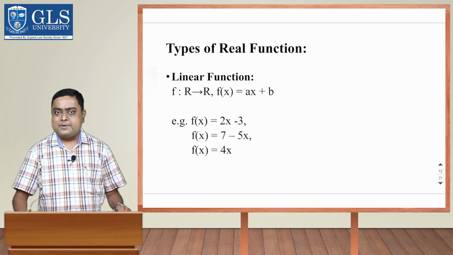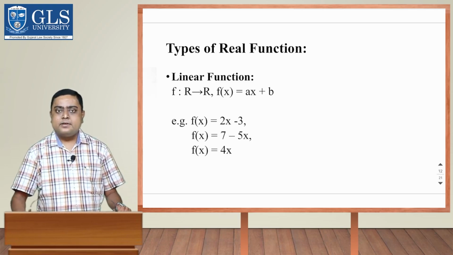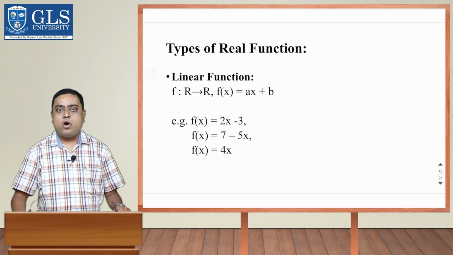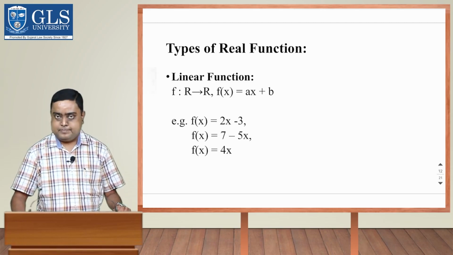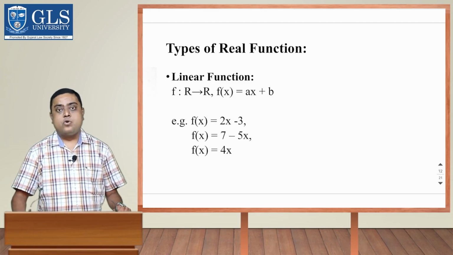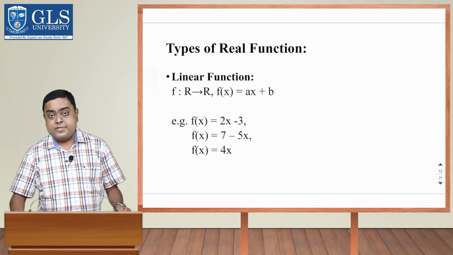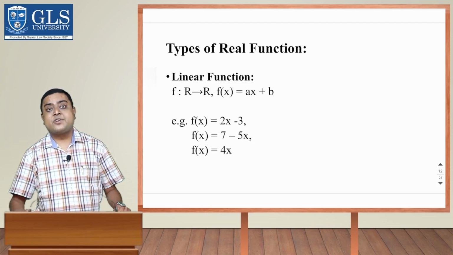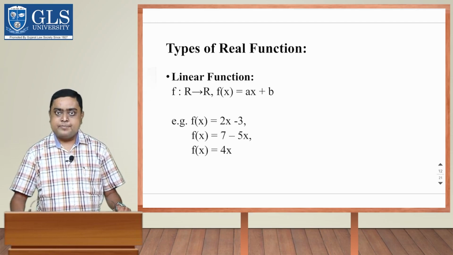In all these three examples we find the function in the standard form ax + b. Therefore, they are called linear functions. If we plot the graph of a linear function, then we find it is always a straight line, right?